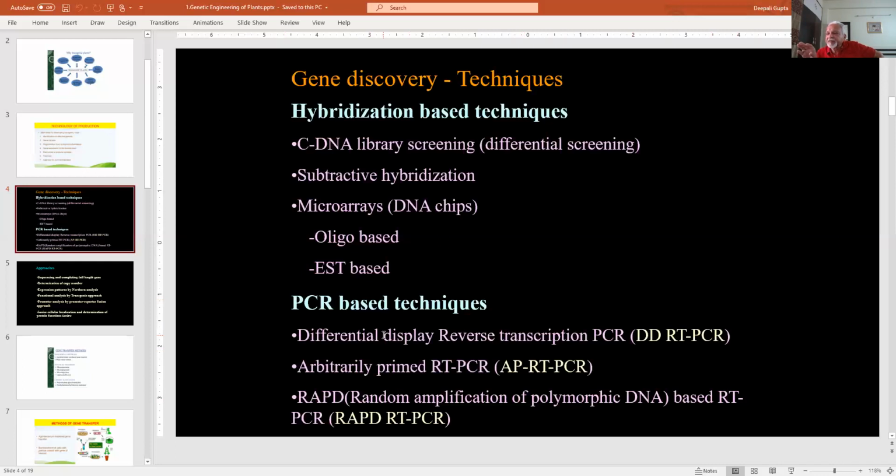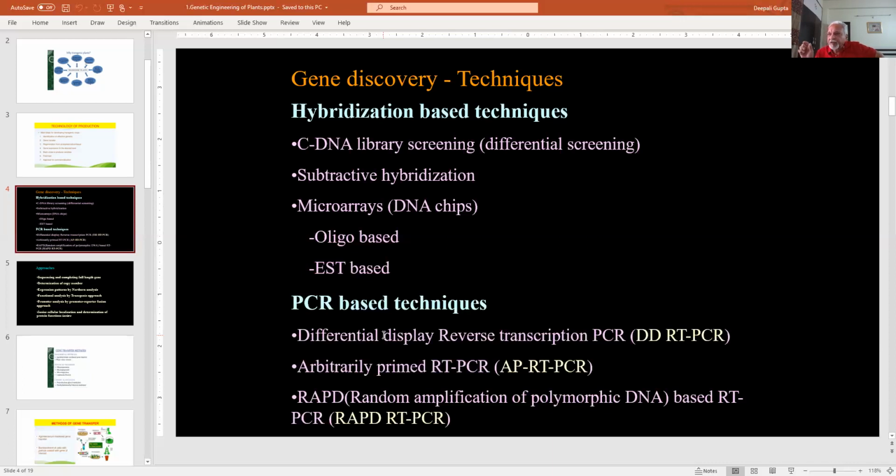The difference here is that you take out the poly A mRNA and then make cDNA from there, and then use different sets of primers to amplify and see that you get an amplification only in test conditions and not in control.